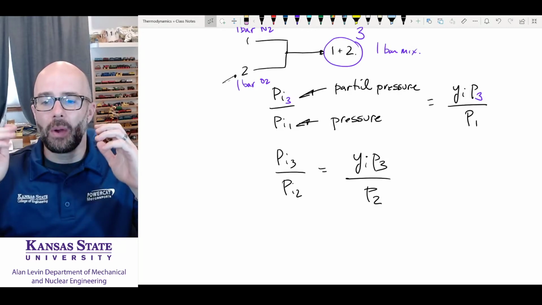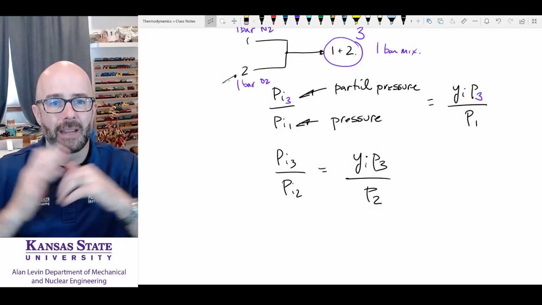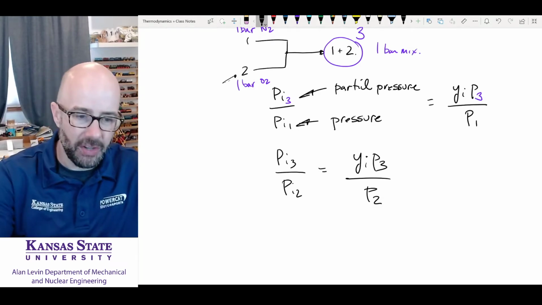Now these are what we've been talking about, variable specific heats type problems. What happens if you do constant specific heats?